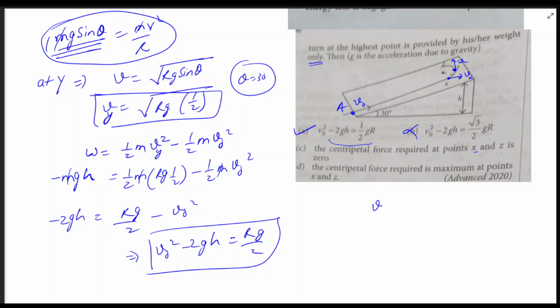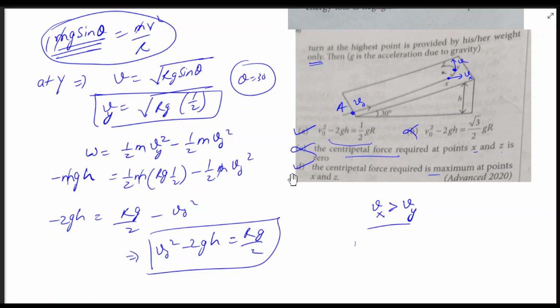And as it is going upward, the kinetic energy will decrease because it is converting into potential energy. So the speed at X will be more than at Y, so the centripetal force can never be 0. The centripetal force required is maximum at points X and Z, because after that the velocity will keep on decreasing, and then after Y it will keep on increasing. So yes, this option is correct.